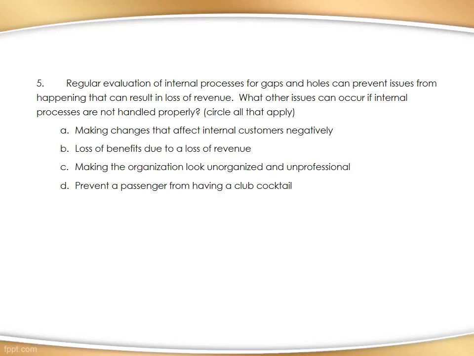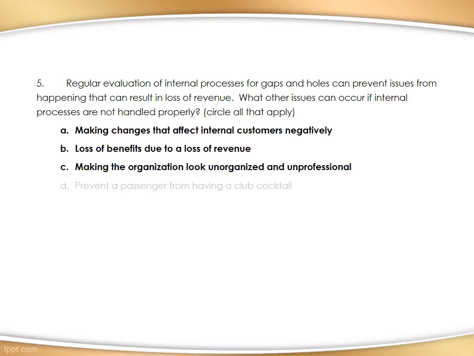Making the organization look unorganized and unprofessional. Or prevent a passenger from having a club cocktail. The correct answer is making changes that affect internal customers negatively, loss of benefits due to a loss of revenue, and making the organization look unorganized and unprofessional. All are issues that can occur if internal processes are not handled properly.